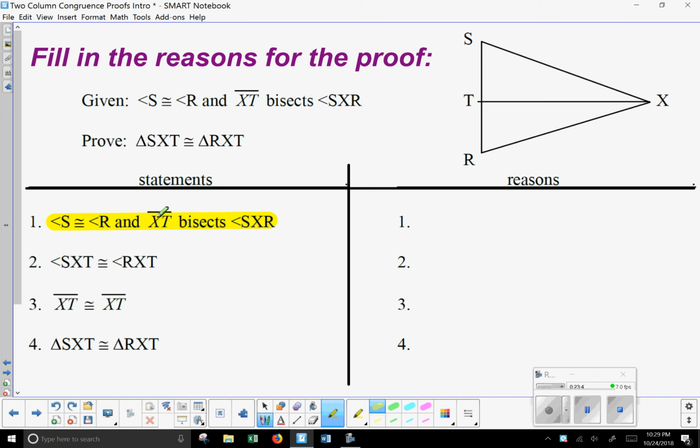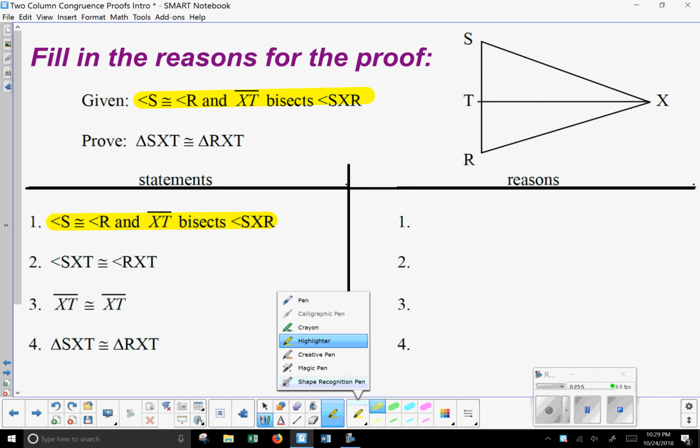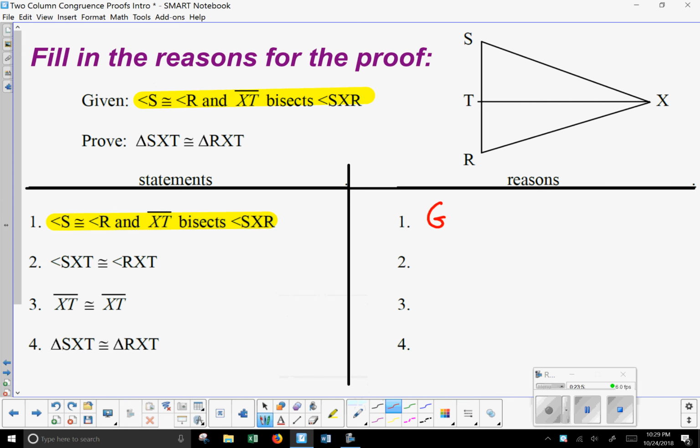Well, in every other problem that we've had, our very first statement we knew was true because it was given. Good. Okay. How did we mark our picture? Well, angle S congruent to angle R, we're going to mark with one single curve. And I can't mark anything yet for XT bisects because I don't have a symbol for bisect.